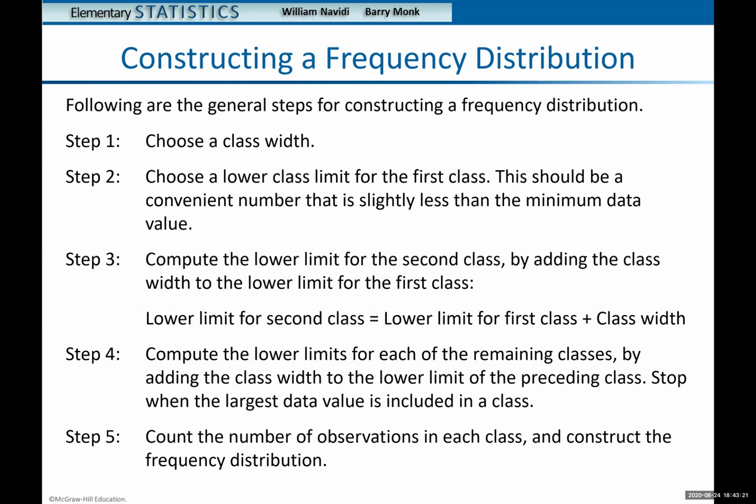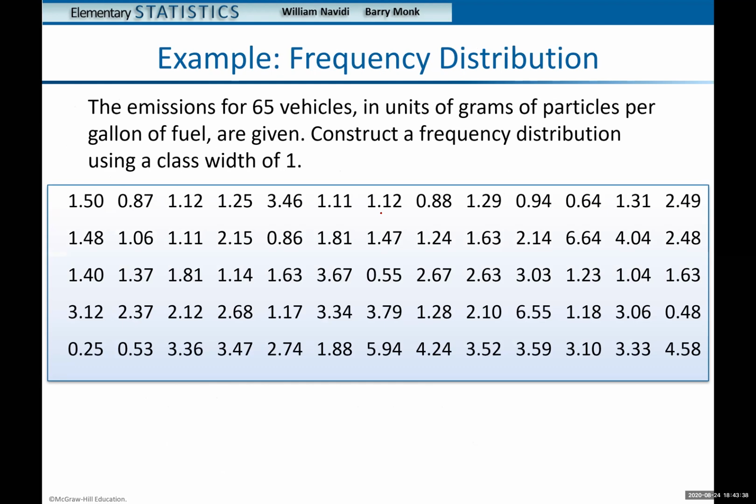So step number one, we already have a class width of 1. Then step number 2 is choose a lower class limit that is a very convenient number that's slightly less than the minimum data value. So meaning, take a look at all the 65 numbers here. Which one is the lowest here? So that is the minimum value. Which one is the lowest?